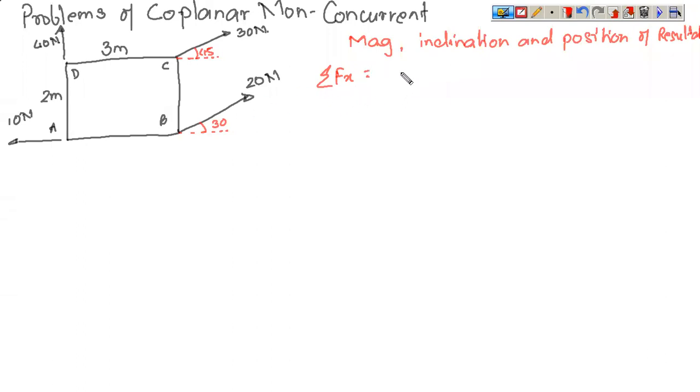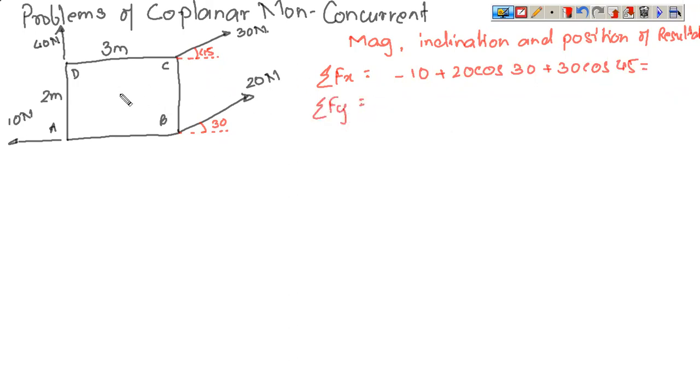So what will be the value of sigma fx? This will be minus 10, this one. Then you have 20 cos 30, and then you have 30 cos 45. The 40 won't be counted because it is along the y-axis. Now you can find out fy.